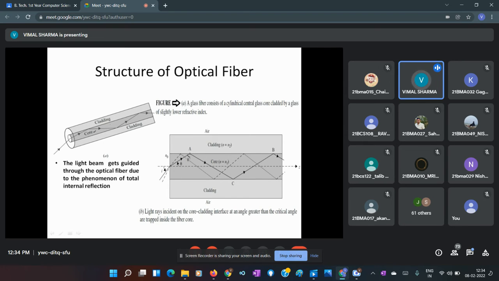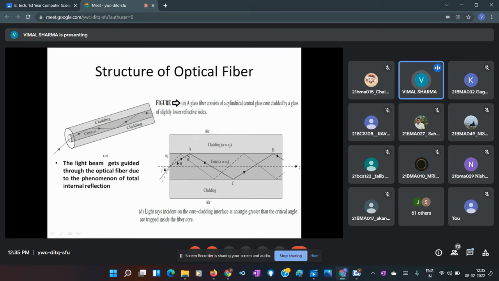Both are made of the same material, silica, with some oxide doped, or doped with some impurities. Why do we dope them with impurities? Just to make a change in refractive index, and to have different refractive indices.